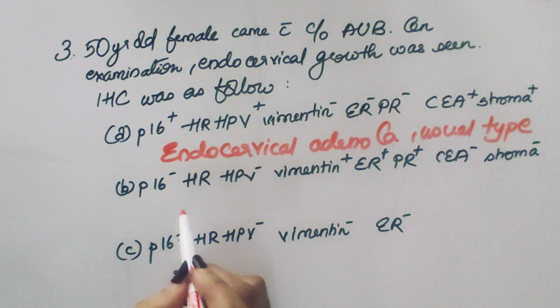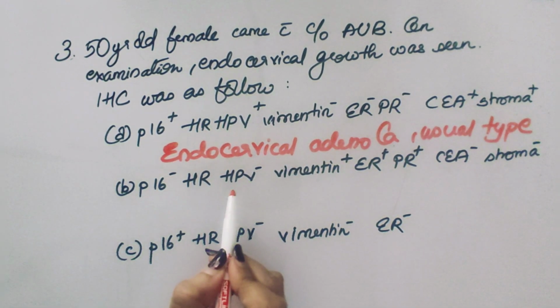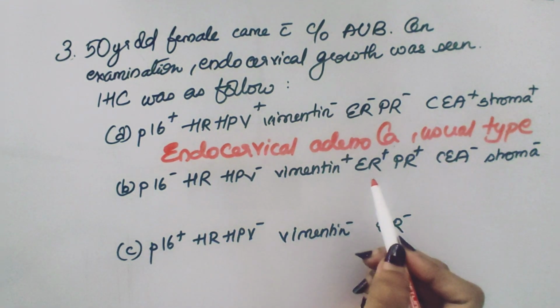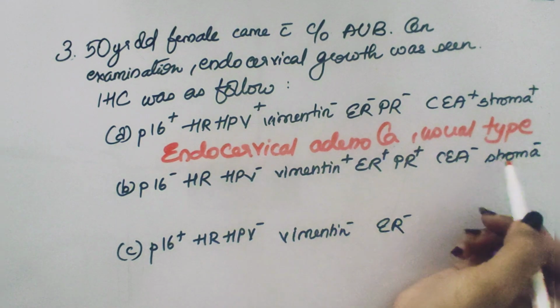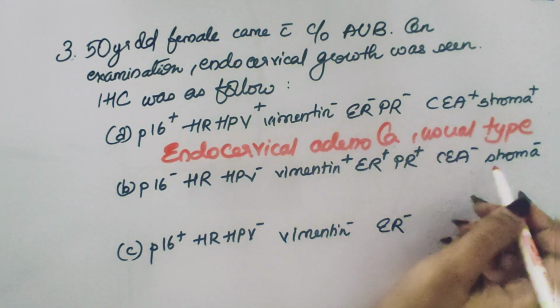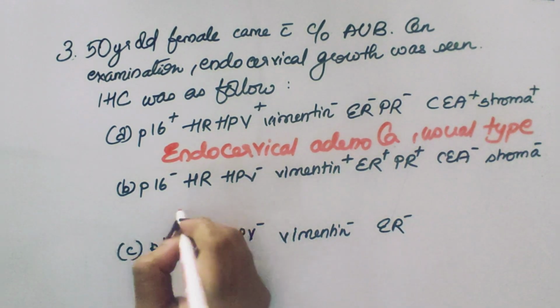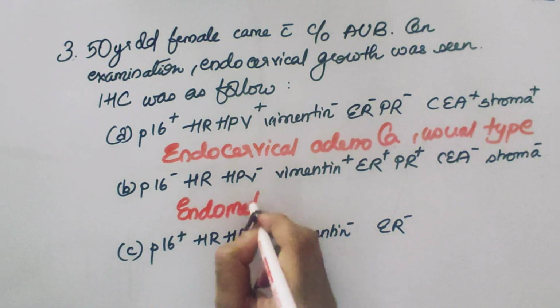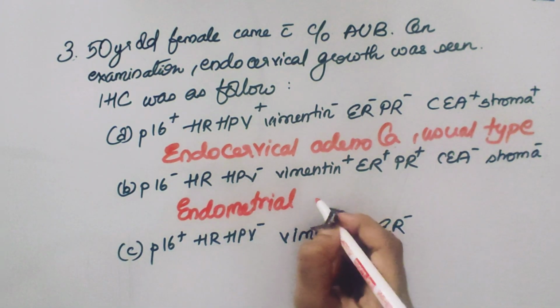And in the second scenario, it is P16 and high risk HPV negative, but it is Vimentin positive and ER-PR positive, and there is less to absent stroma. So it should be endometrial carcinoma.